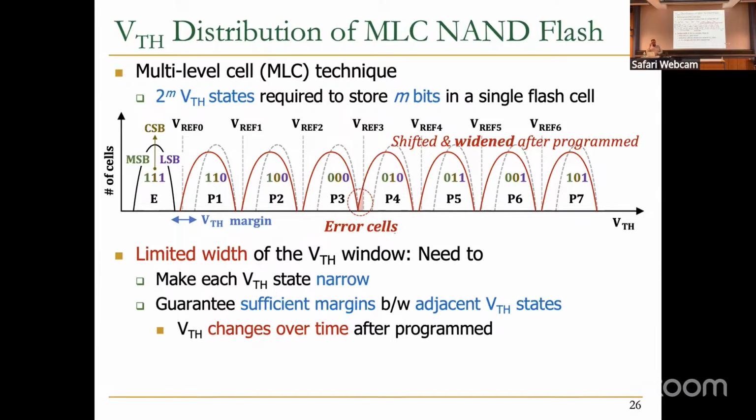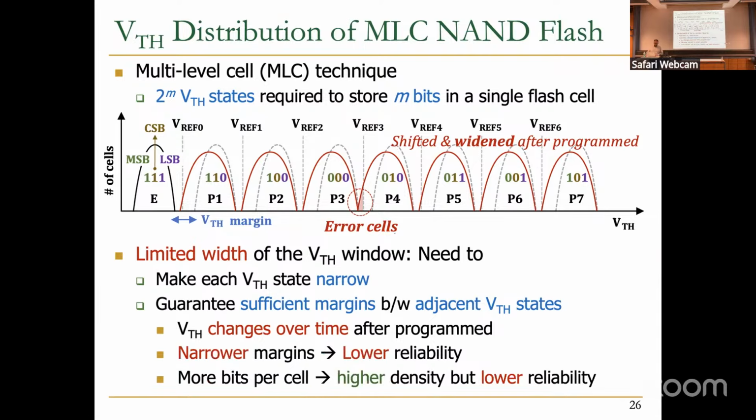There are works in that line where people try to improve the performance of read retry, like how fast we can get a good, well-representing reference voltage which can work for that state.